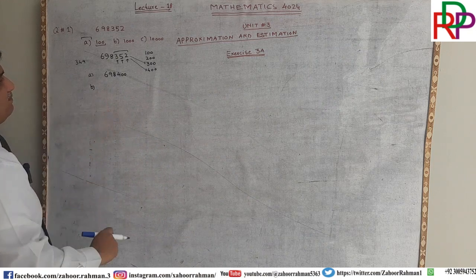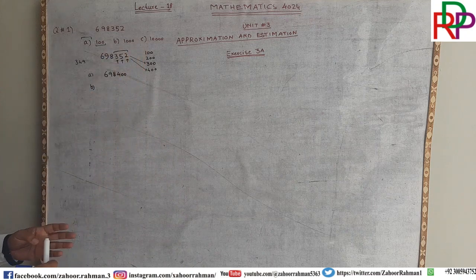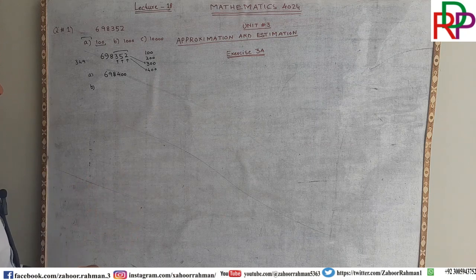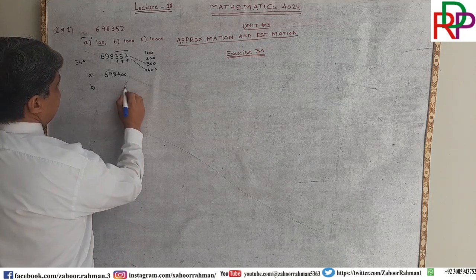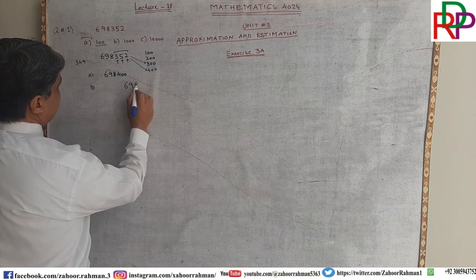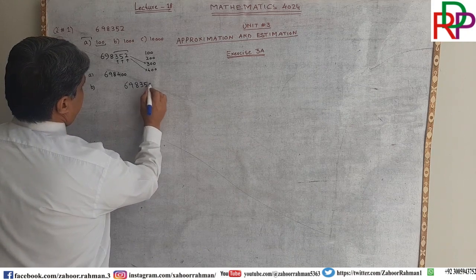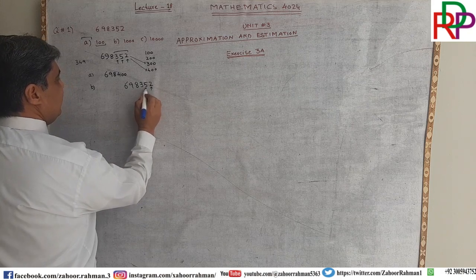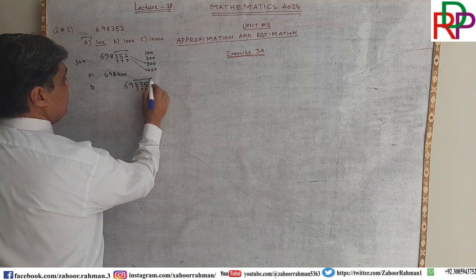Now in part B, they are saying to the nearest 1000. You have a thousand note, but not less than that. First, you have to write the given number, and then you have to focus on unit, 10, 100, and 1000. These four numbers.